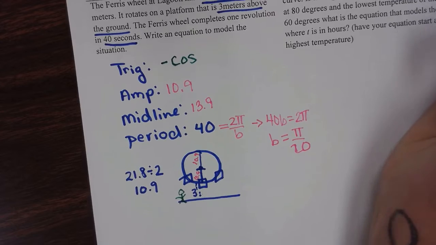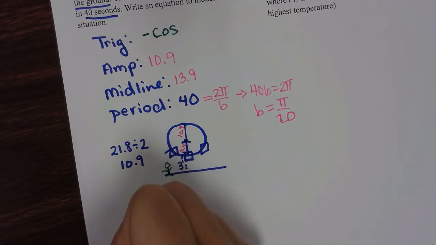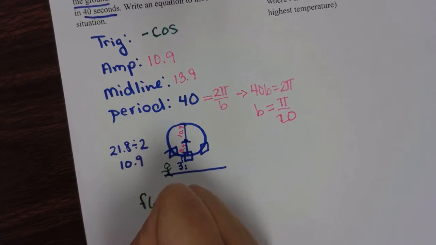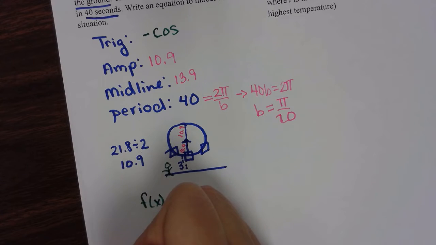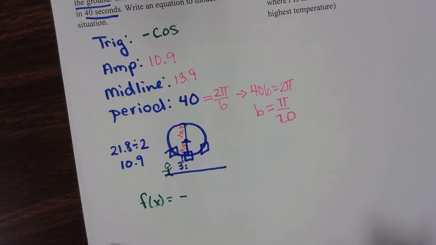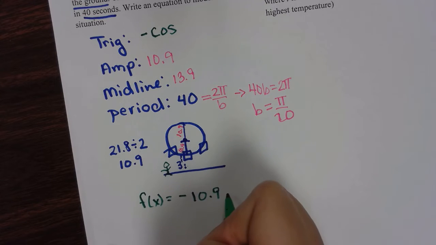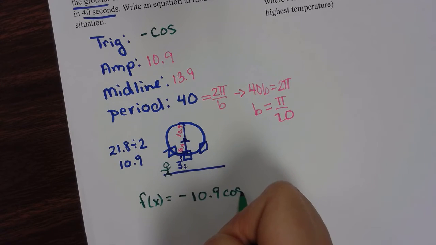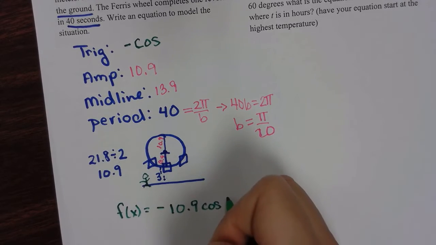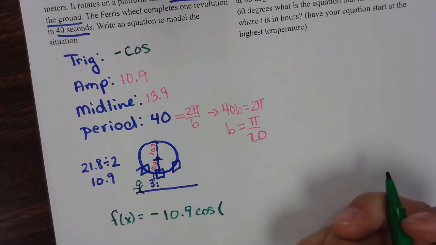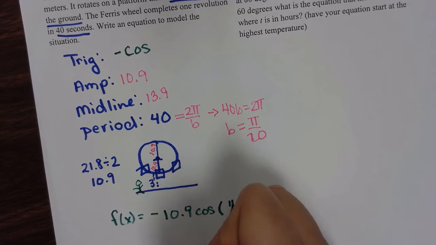So now we have all of our parts. So our function is f of x equals negative. Now we need our amplitude, which is 10.9, cosine, and then we have our b, which is pi over 20.